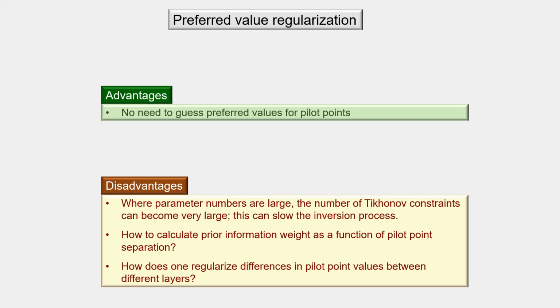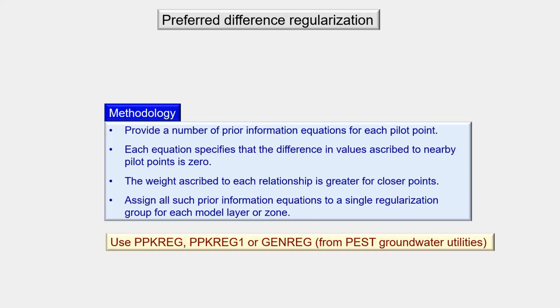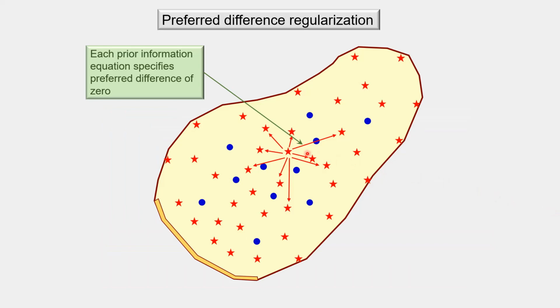Another problem is, just going back a couple of slides, we tend to make the weight applied to this prior information equation greater than the weight applied to that prior information equation because we want to enforce homogeneity more strongly for pilot points which are closer together. But how much greater should this weight be than that weight?